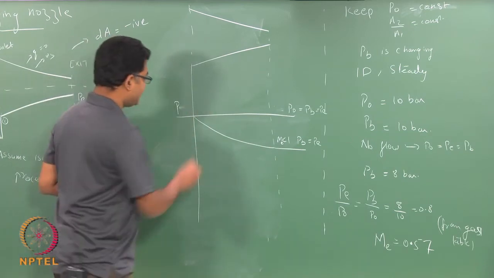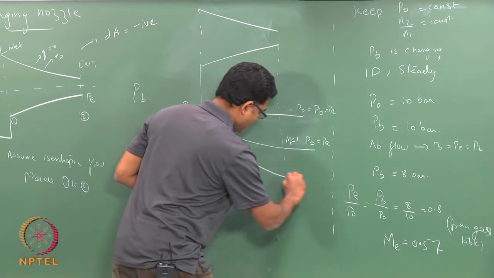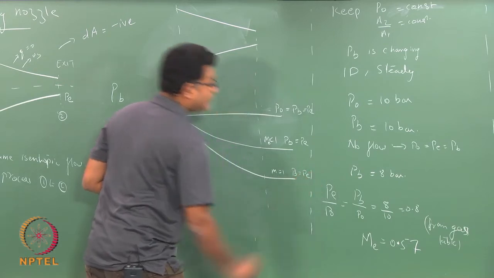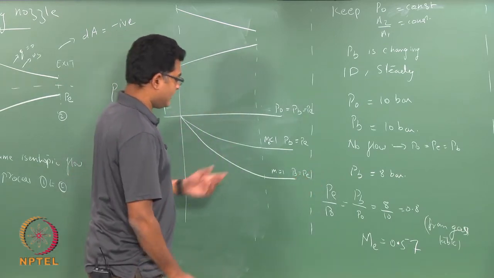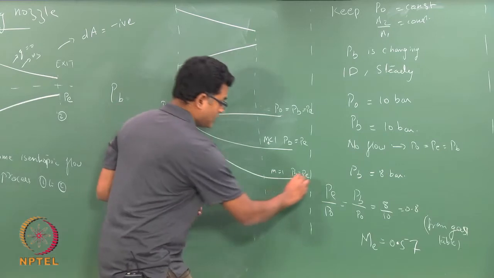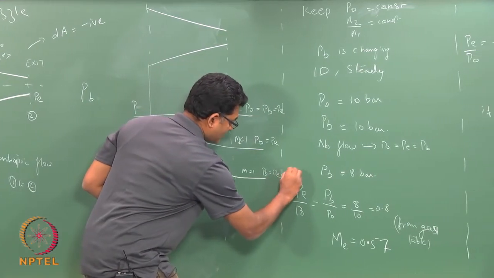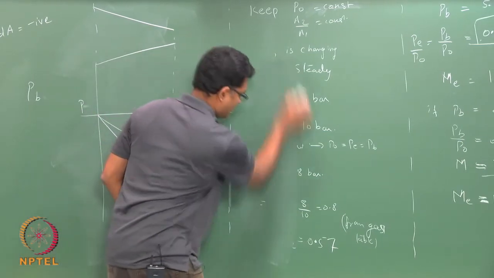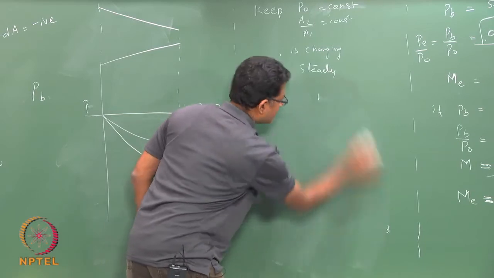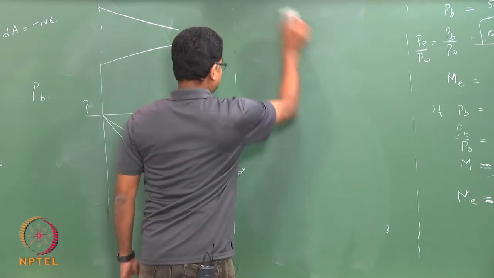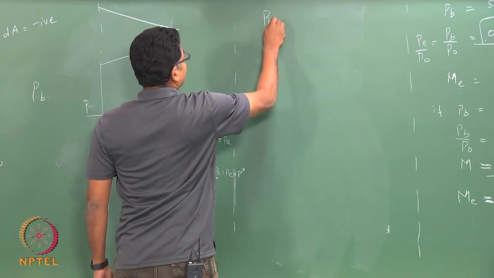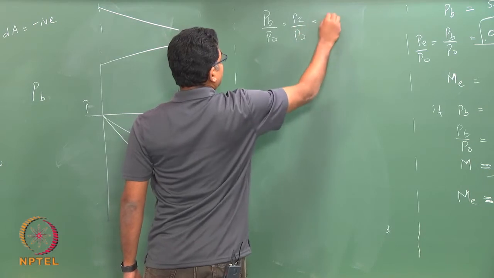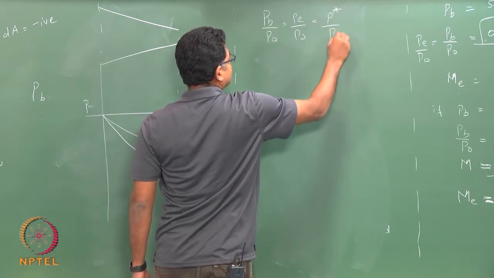But once I reach that ratio for M equals 1, my PB is equal to P exit, and if I call that my critical pressure ratio, this exit pressure is my P star, such that PB by P0 equals PE by P0 equals P star by P0.